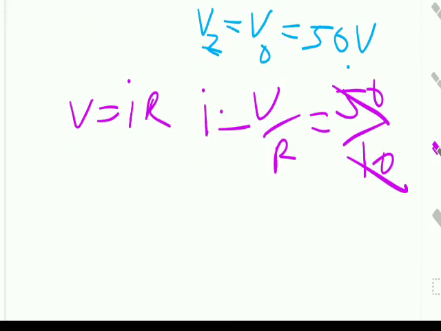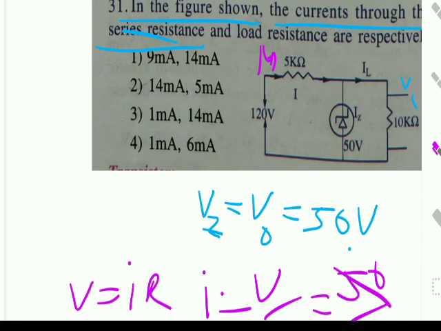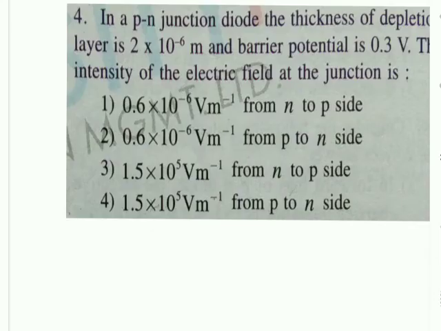So the current is 5 milliamps. Here 5 milliamps, here 14 milliamps. Our answer is the second option, 14 milliamps and 5 milliamps.